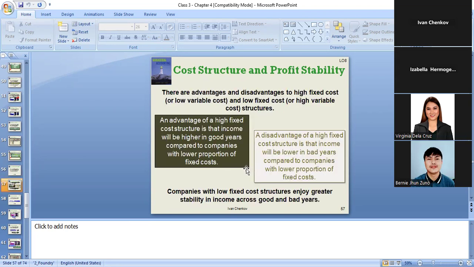What's the advantage if you are heavily exposed to fixed cost? The variable costs are very small, so one additional unit of sales gives you a huge operating income. The disadvantage is that if you lose the sale of one unit, it will cause a huge decrease in your operating income.